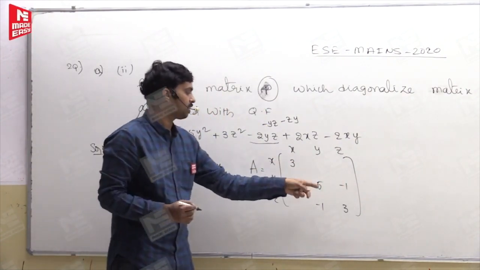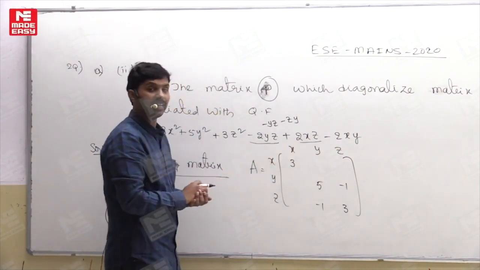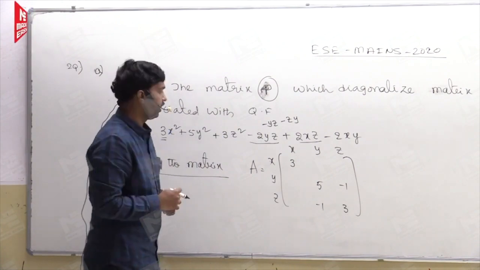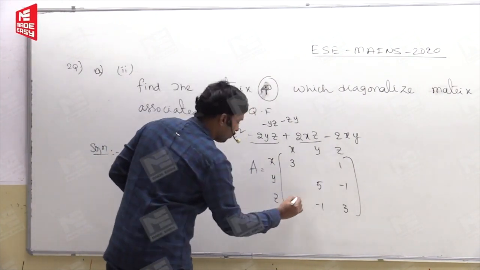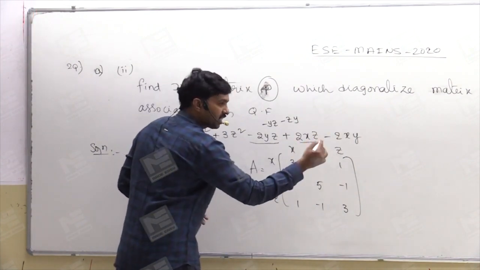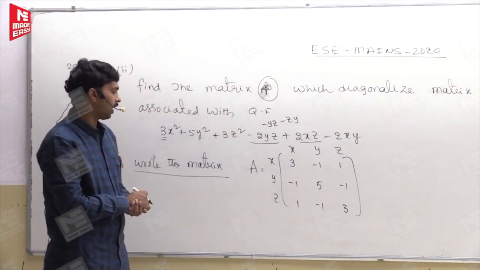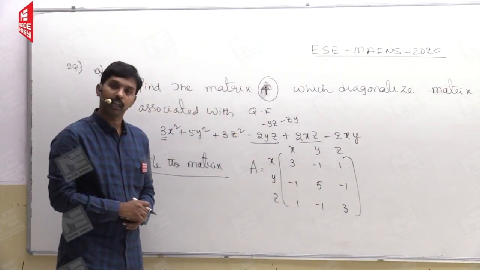Now coming to xz, 2xz is taken as xz plus xz, so this can be 1 here and this can be 1 here. Now minus 2xy is minus xy minus xy, so here minus 1, here minus 1. So this is exactly how you get the square matrix A here.